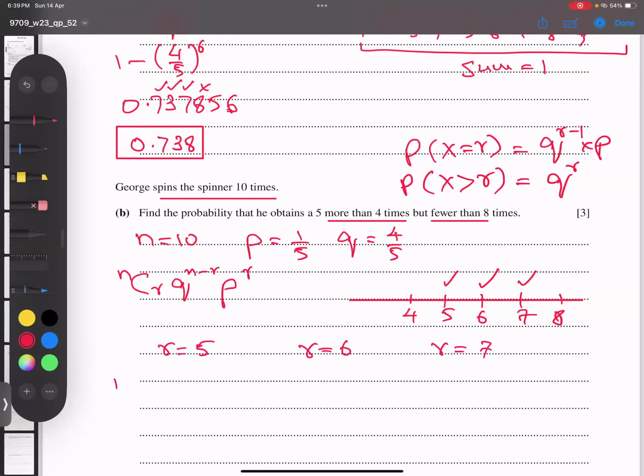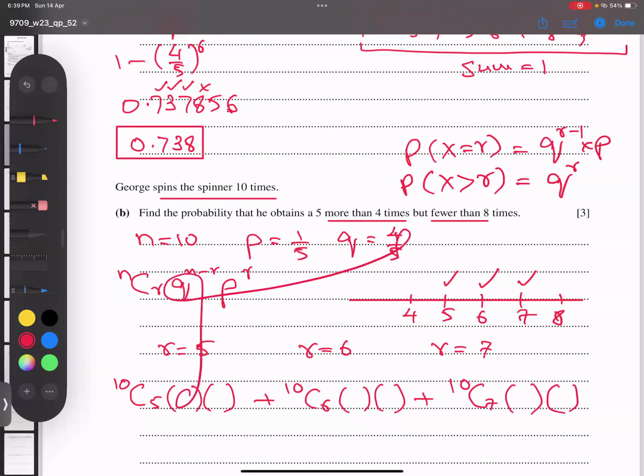So let's apply. n is 10, you can see clearly. So 10C5, 2 brackets, 10C6, 2 brackets, and 10C7, 2 brackets. In the first bracket q comes, so q is 4 over 5, make sure.